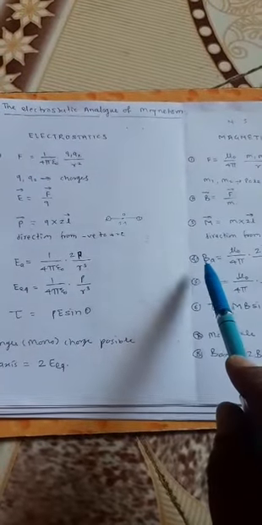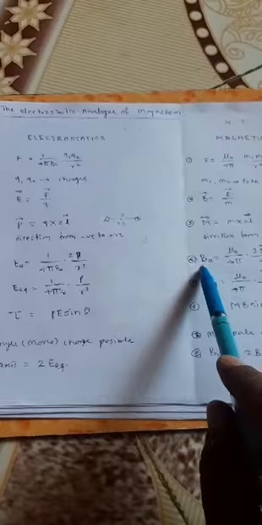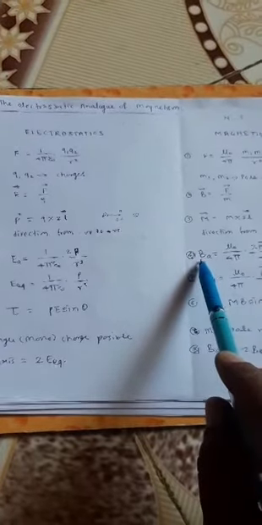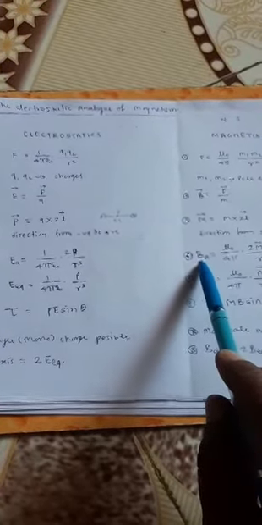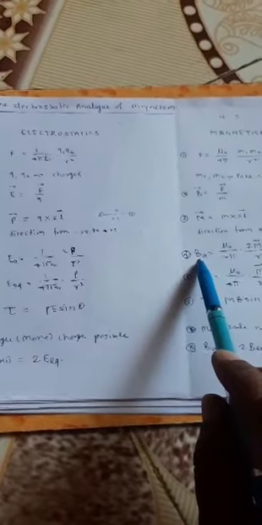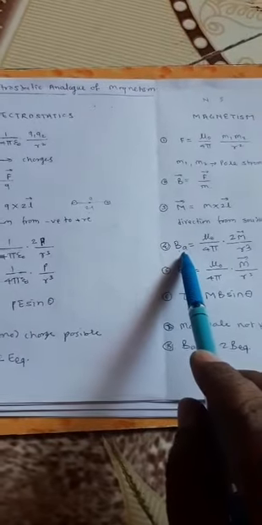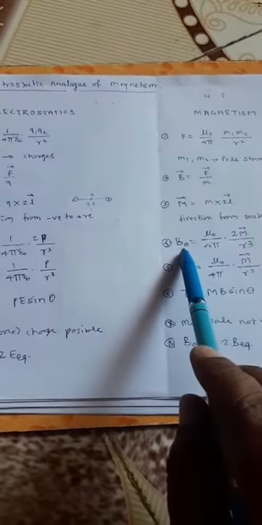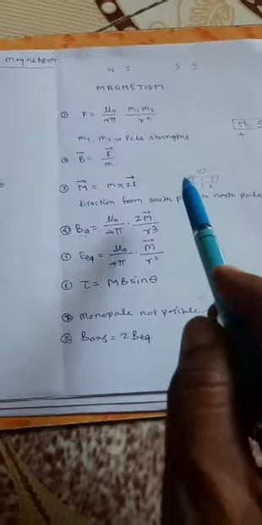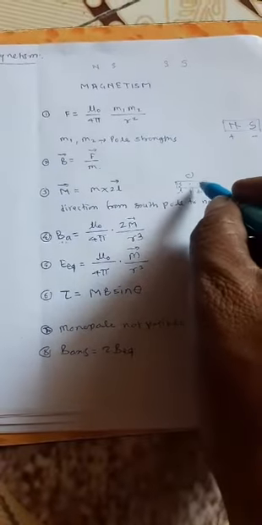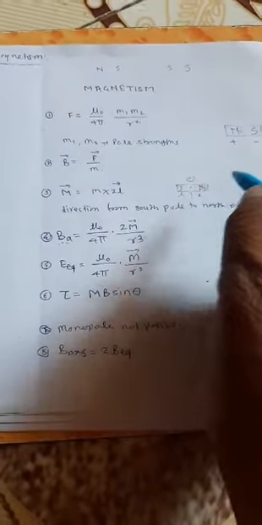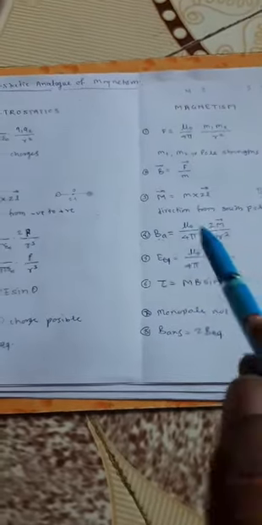Similarly, we can easily write the expression for magnetic field at a point which is situated on the axis of the magnetic dipole. On the axis of the magnetic dipole means on the axis of the bar magnet.